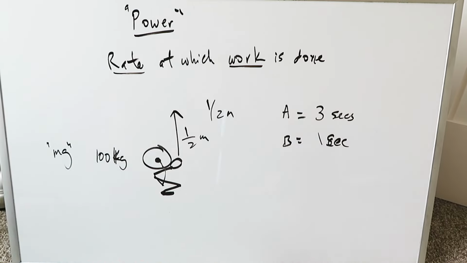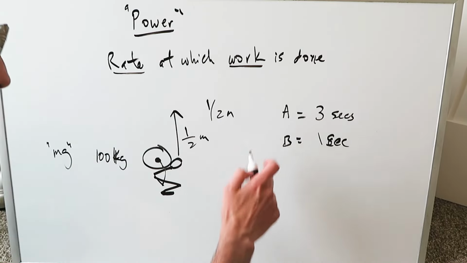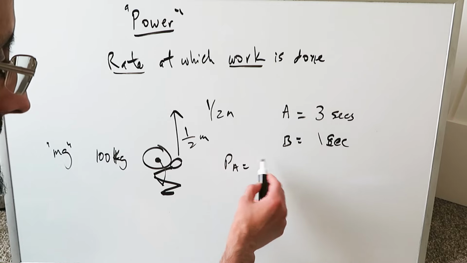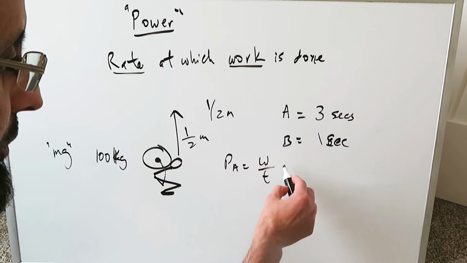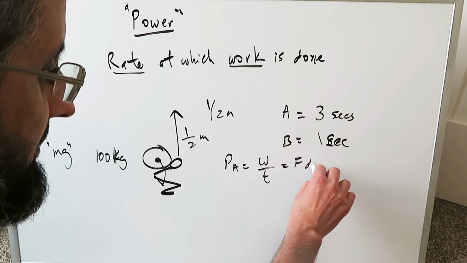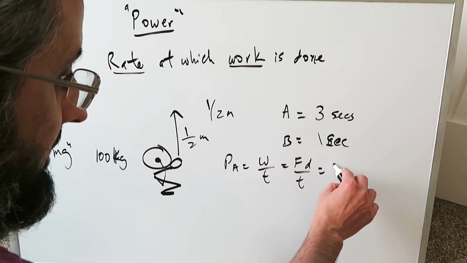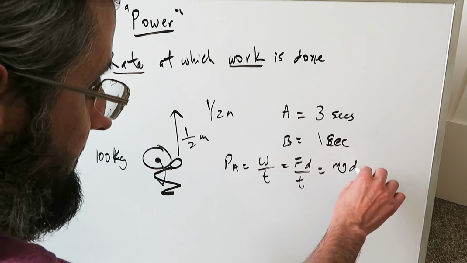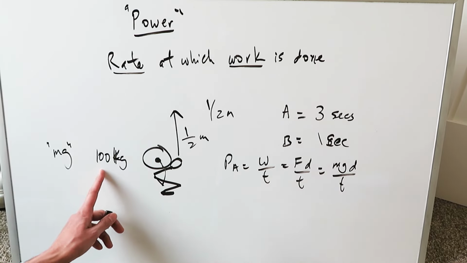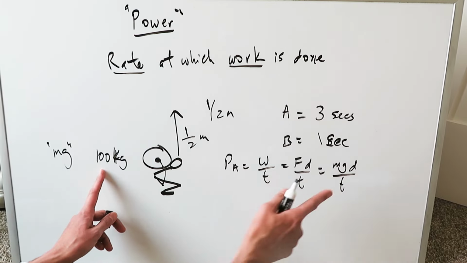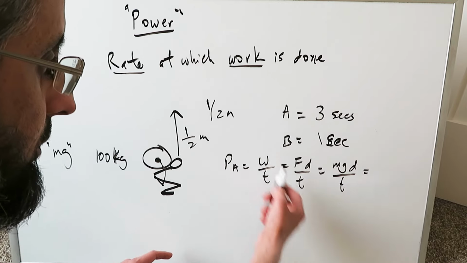Now, if I'm telling you, calculate the power of person A, well, what is it? Power is going to be work over time. But what's work? It's going to be force times distance over time. But the force has a certain component: mass times gravity times distance over time. I know the mass and gravity, that's already 100. I know the distance, everything works right in.